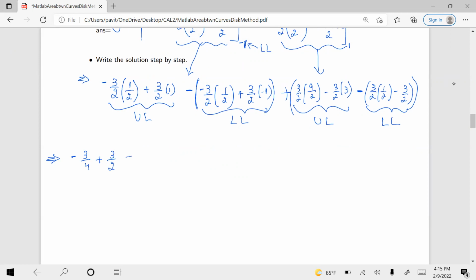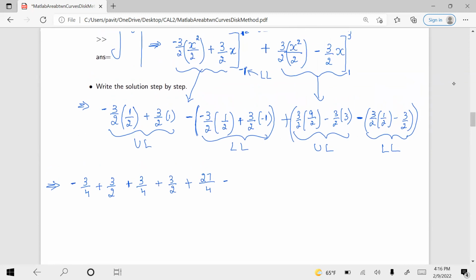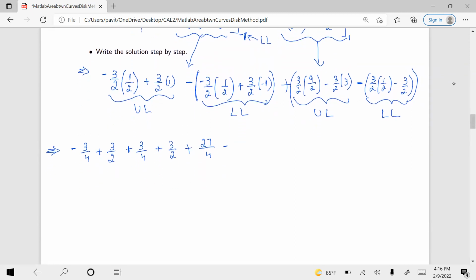Again, minus multiplied inside, plus 3 by 4 plus 3 half, because we have negative here, so negative, negative, plus, plus. 9 3s are 27 by 4, negative. 9 by 2, negative. 3 by 4, positive. 3 by 2.